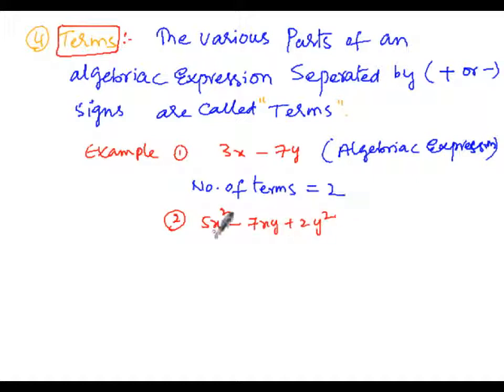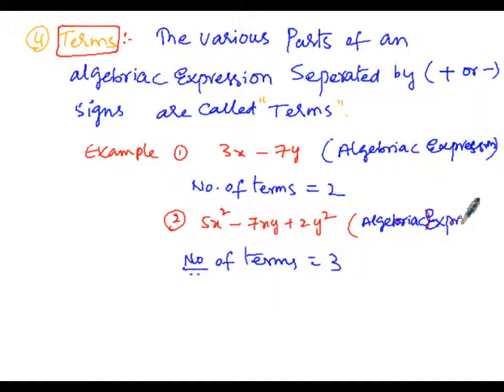Here the first term is 5x square, the second term is 7xy, the third term is 2y square. So this is also an algebraic expression with 3 terms, separated by positive and negative symbols.